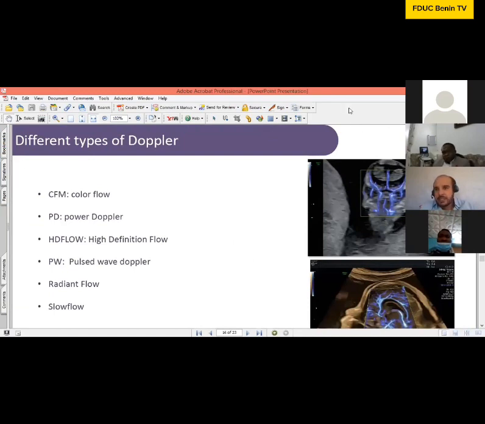So then I said that it will have an impact on the color Doppler imaging. And you know that today we are using more and more color Doppler when it comes to color flow or even power Doppler. We now have high definition Doppler on all the machines, like the HD flow that we have on the Voluson machine. Then we do some pulsed wave imaging, and we have a lot of new advanced color Doppler.